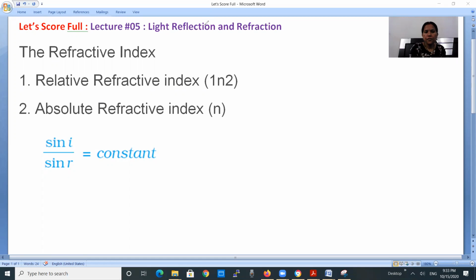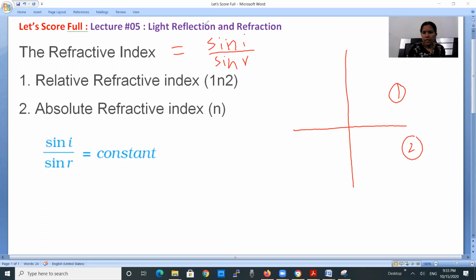ठीक है? So refractive index, we know it is nothing but sin I upon sin R. Correct? Okay. So suppose this is first medium and this is second medium. Incident light and this is refracted light. I am assuming density of 2 is greater than density of 1.